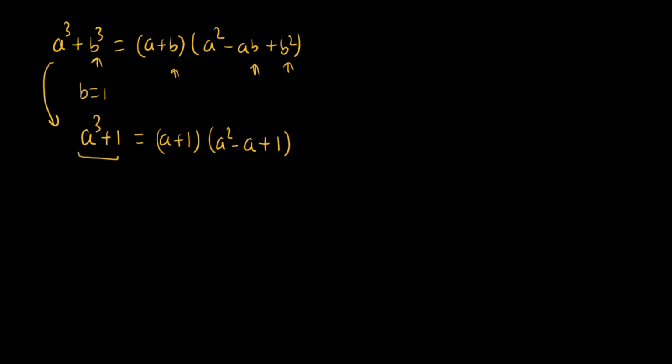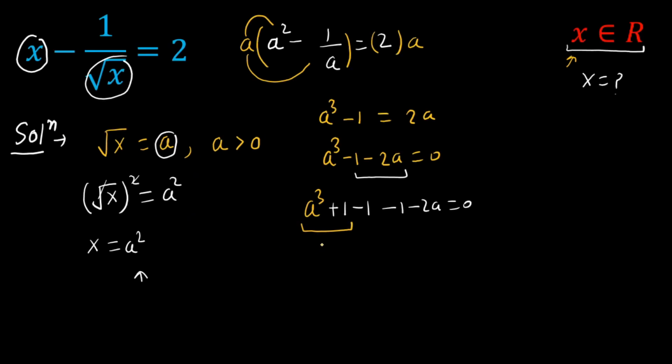Here a cube plus 1 is the same as a plus 1 multiplied by a square minus a plus 1. So this expression is replaced by a plus 1 multiplied by a square minus a plus 1.